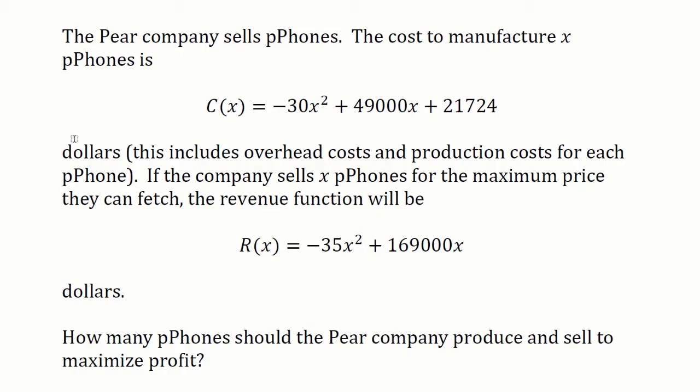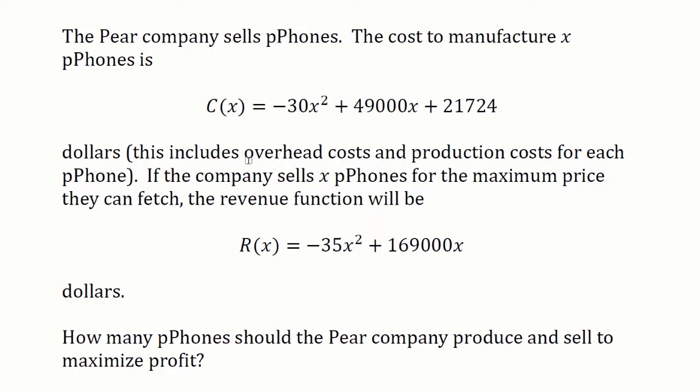The wording says the P phone company sells P phones, and the cost to manufacture x P phones is given by C of x equals minus 30x squared plus 49,000x plus $21,724. So this is the cost, and this includes overhead cost and production cost for each P phone.